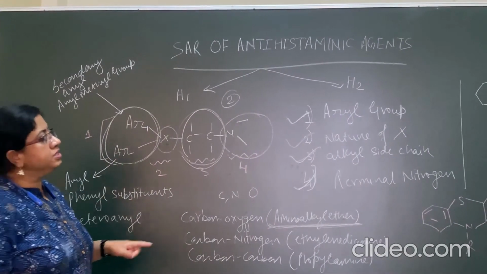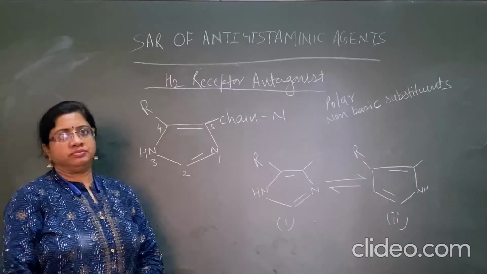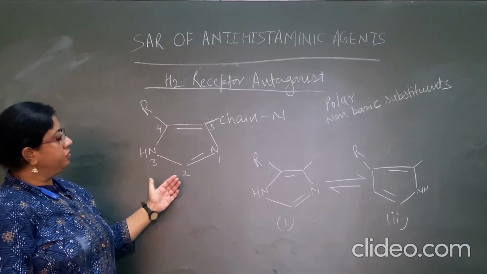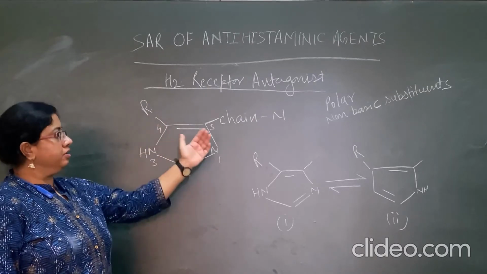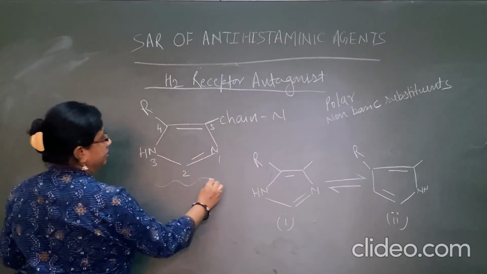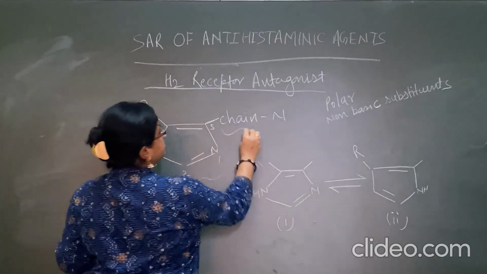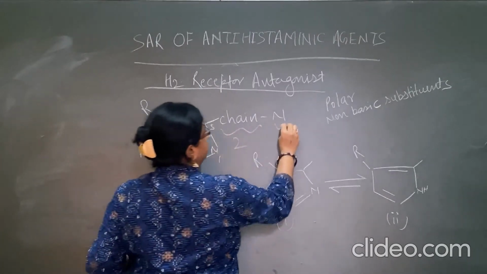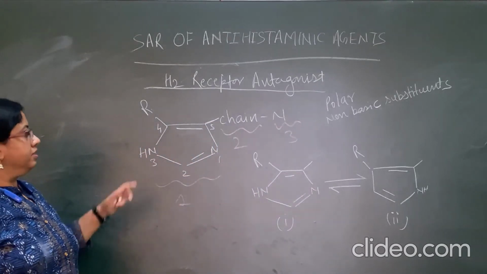Now I will discuss the SAR of H2 receptor antagonist. You see the general structure. The requirements for the SAR studies of H2 receptor antagonistic activity: one part is the imidazole ring, another part is the alkyl side chain, and third is the terminal nitrogen, just as we have seen for H1 receptor antagonist.